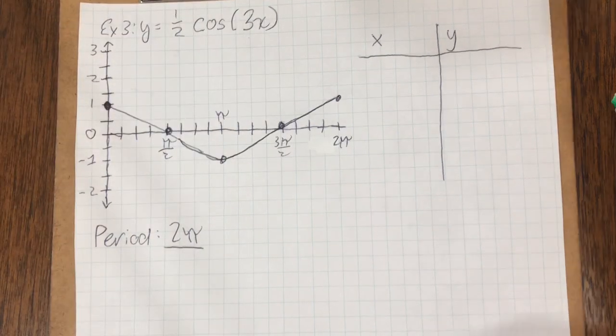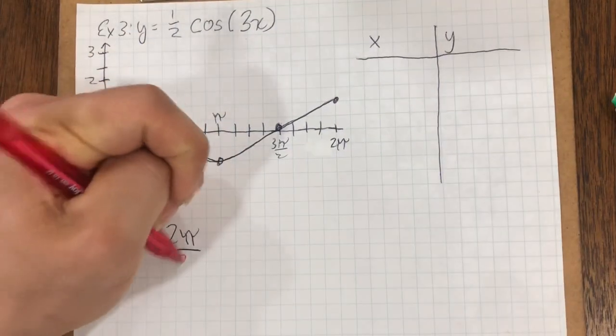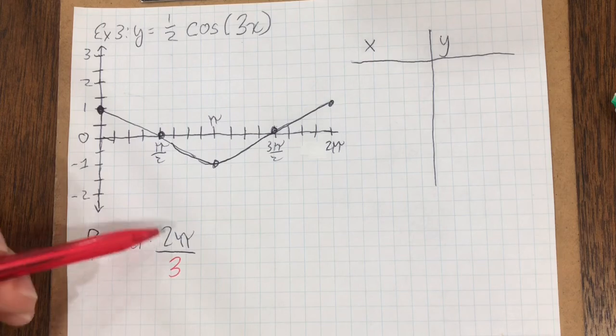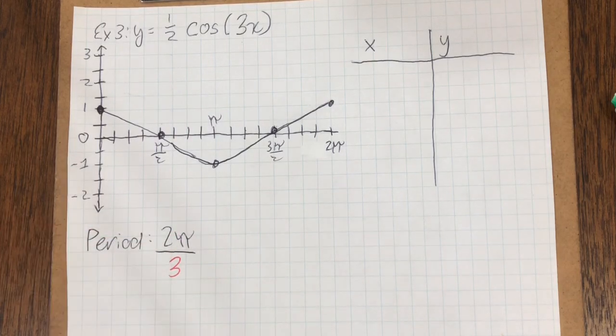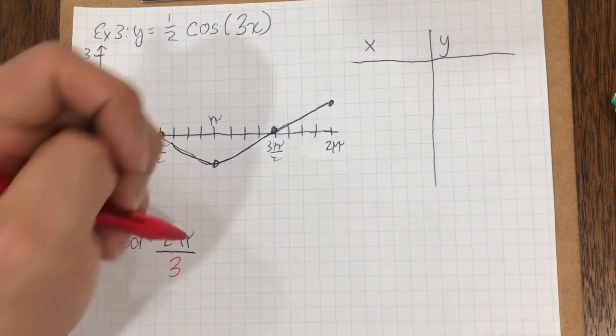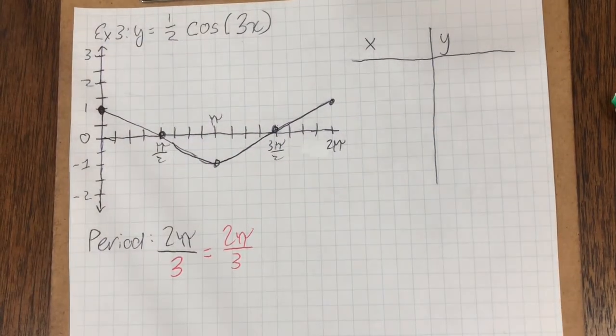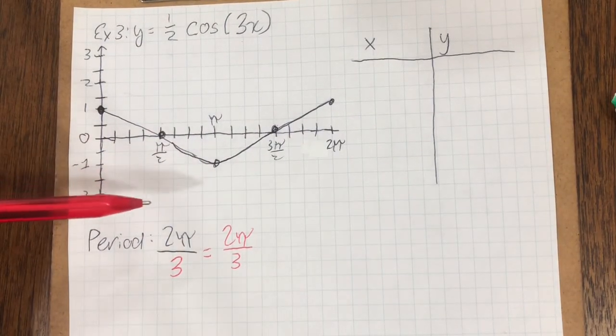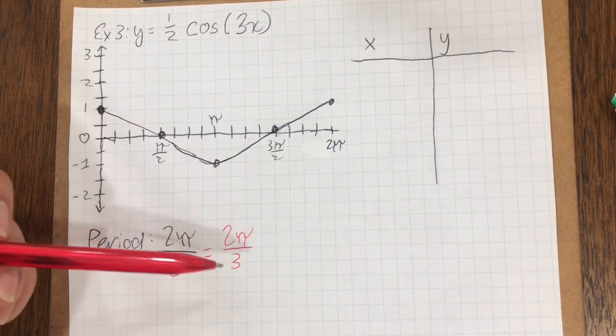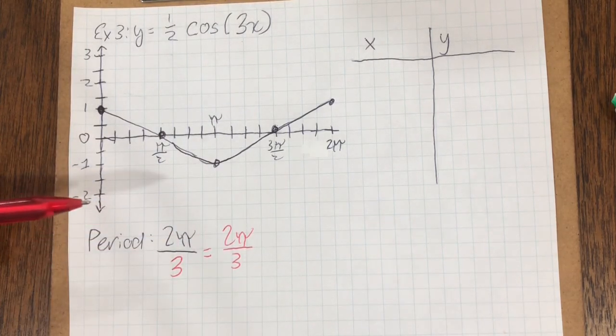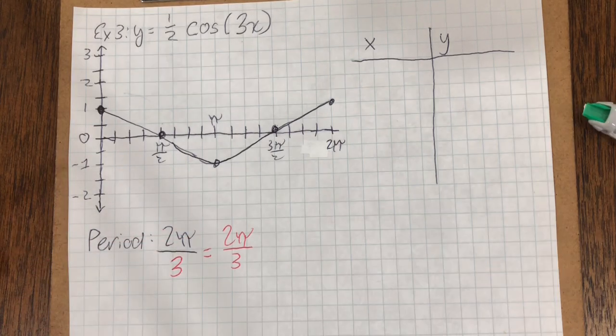So I have 2 pi divided by 3. All right? So there's nothing to be simplified. 2 cannot go into 3. So my period is just going to be 2 pi over 3. All right? So that means that at 2 pi over 3, that's when the graph is going to start to repeat itself. All right, so now we have the new period, so we know that we're going to end at 2 pi over 3. All right, so let's go ahead and figure out my new x and y coordinates.